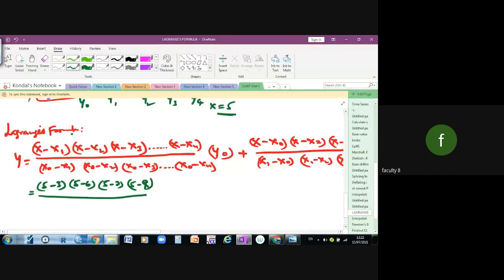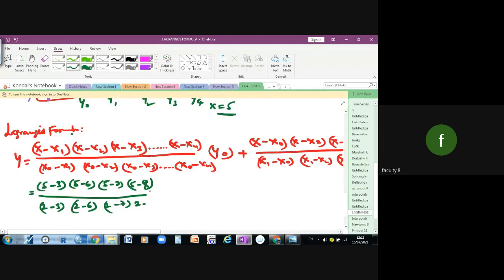Divided by x0. What is x0 here? 2, right? 2 minus x1. x1 is how much? 3. So next x0, 2 minus x2, 6. Then 2 minus x3, 7.